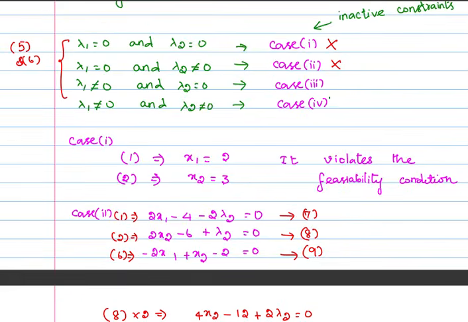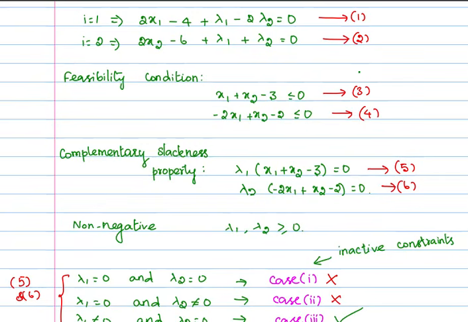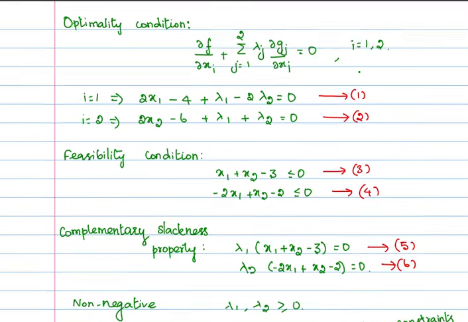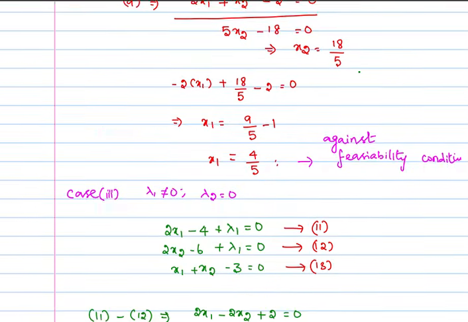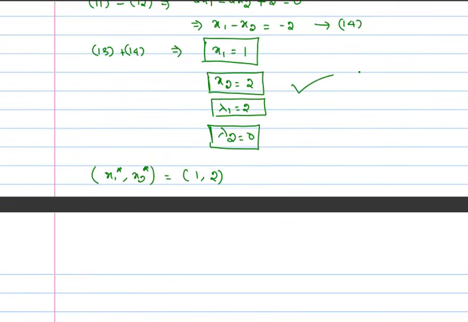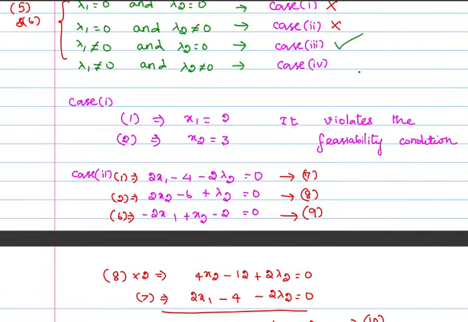So that means my third case satisfies all the 6 conditions, that is the feasibility condition, the optimality condition and the complementary slackness property. Next I am going for case 4, lambda 1 is not equal to 0 and lambda 2 is not equal to 0.